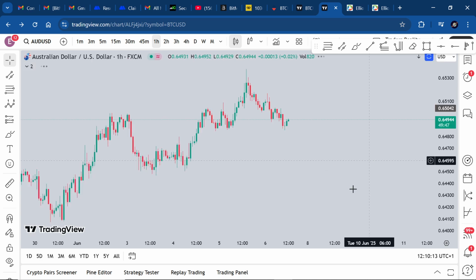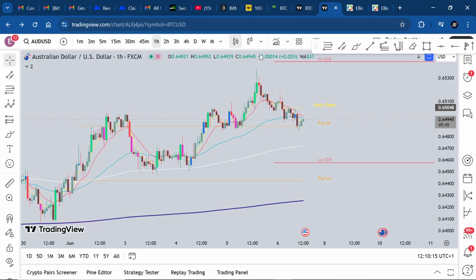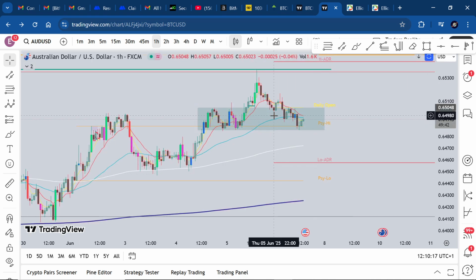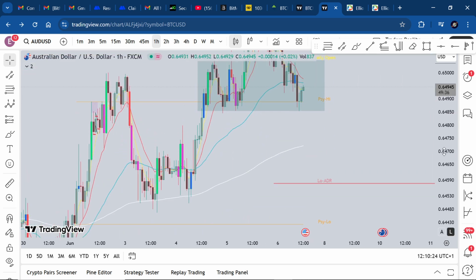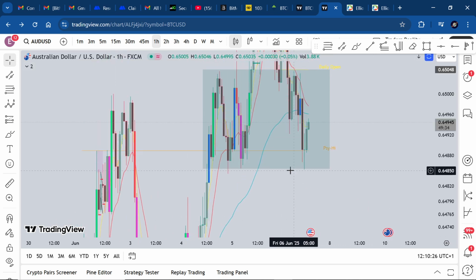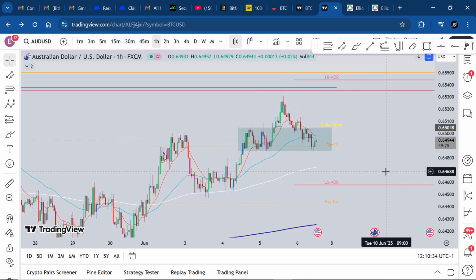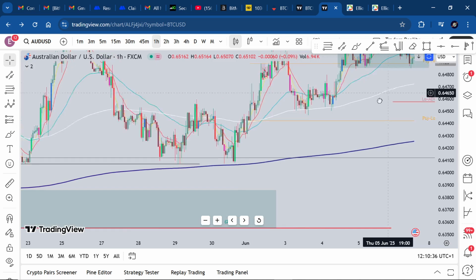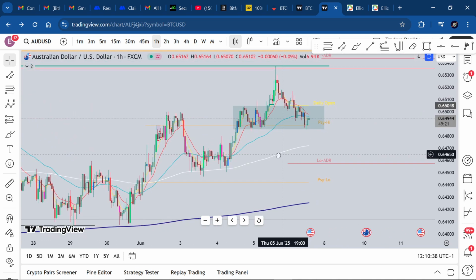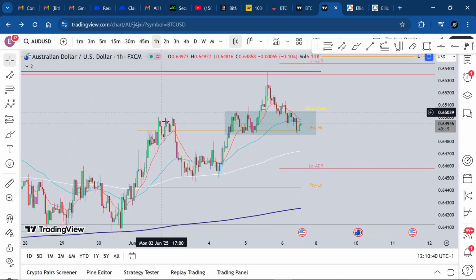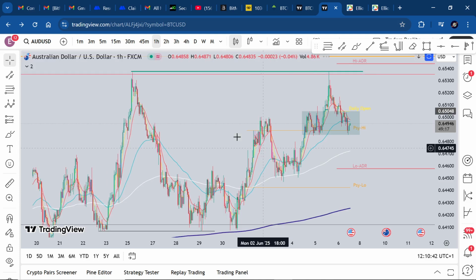AUDUSD now, same thing, zigzag, okay, double zigzag, WXY, into demand, grab of that low, as you can see, we come just underneath the box, grab of that low. This definitely looks like ABC to me as well.